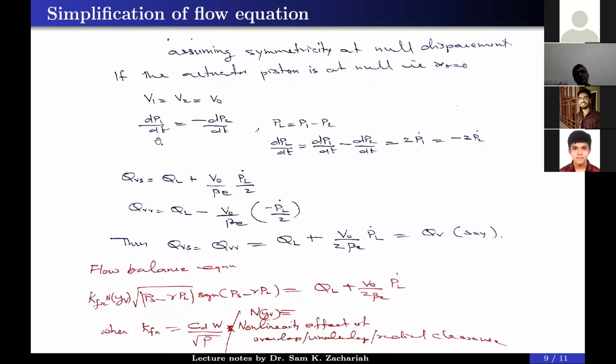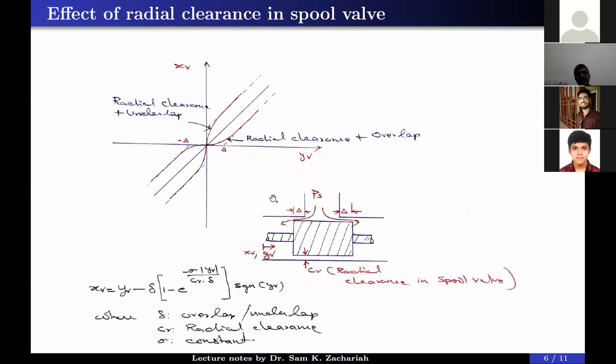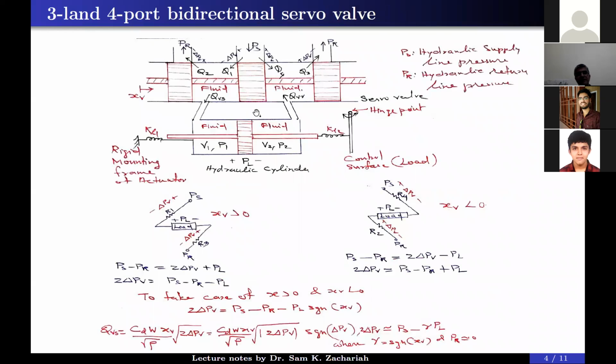Another assumption is dP1 by dt is equal to minus dP2 by dt. How can that be justified? Consider this case. Assume that P1 is equal to P2 in the null condition. No load was there. So P1 is equal to P2, exactly the middle case, an equilibrium condition. Suddenly, if you move the piston rightward, what will happen?